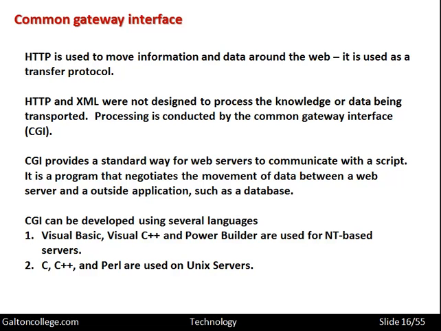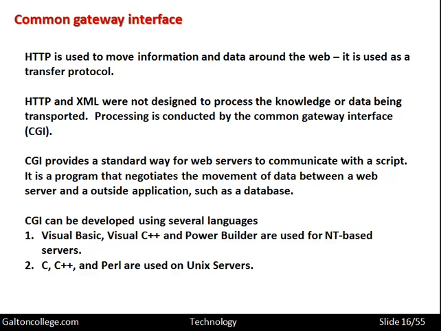Now, CGI itself can be developed using several languages. For example, Visual Basic, which is one that most people have come across, Visual C++, PowerBuilder, and so on. And these are used for the NT-based servers. NT is the old Microsoft-based servers. But as I said, there's C, C++, and Perl. These are often used on Unix servers. Servers come in different shapes and forms also.